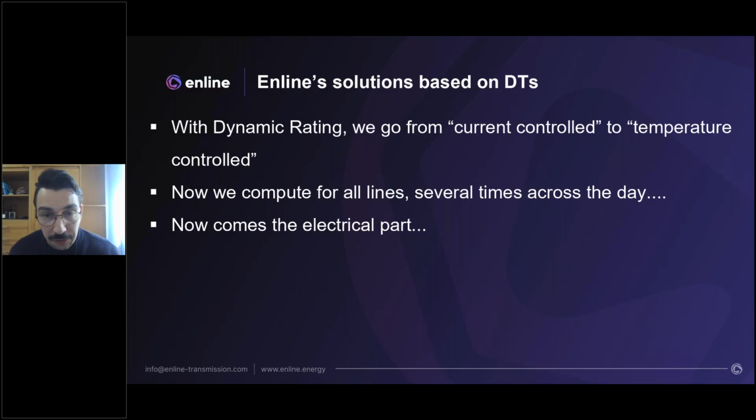Now comes the electrical part. We have just tackled the subject of the thermal capacity. In order to really give enough information for the operator, we need to be able now to go into the electrical realm in which the control of power, voltage, and current occur.